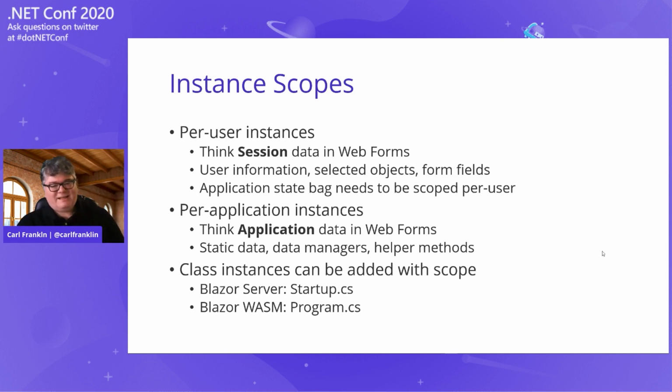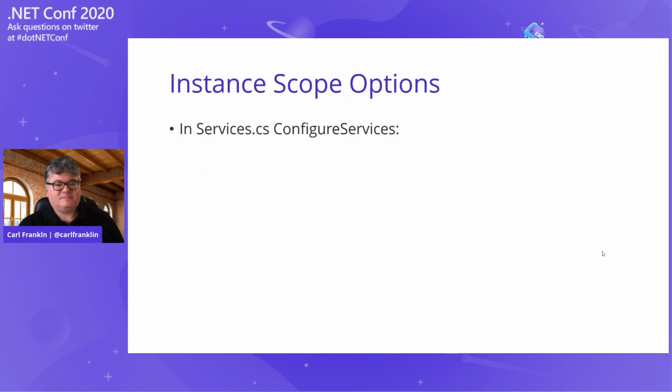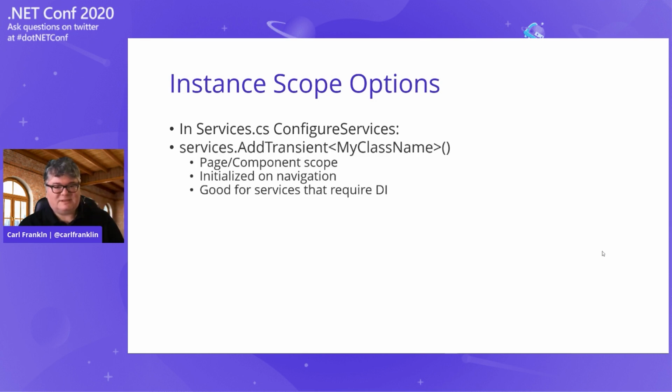You can add these instances with scope in Startup.cs for Blazor Server and in Program.cs for Blazor WASM. In ConfigureServices, you can add transient, so this is for that class level. You would do this instead of just creating a class level variable if you require dependency injection.